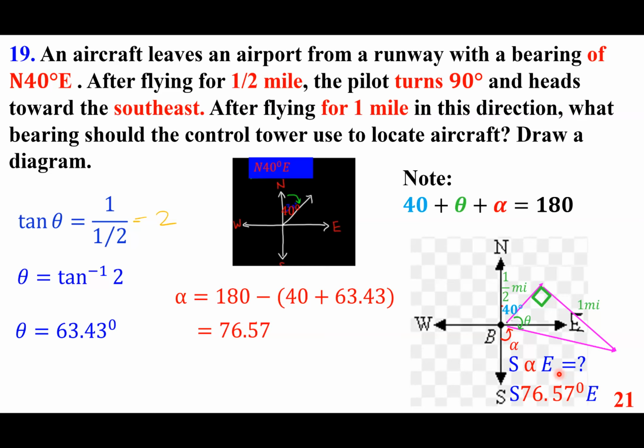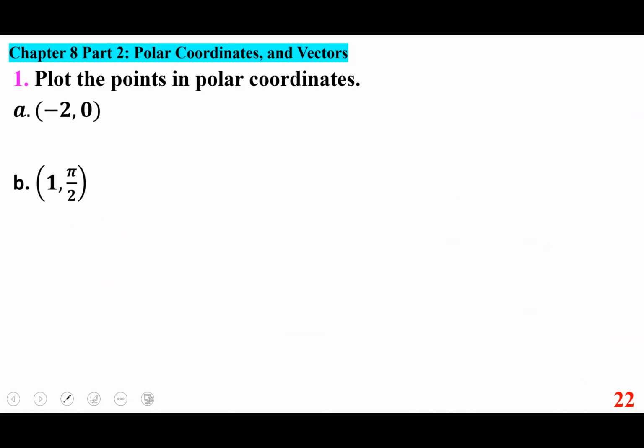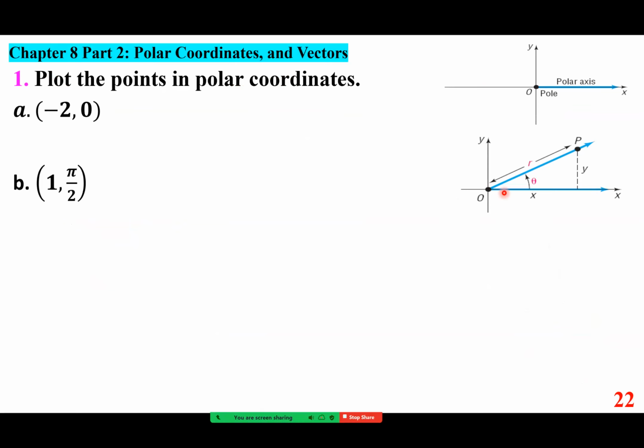Again, class, questions that you come across here that are basically word problems are impossible to solve without a setting. We want to plot the points, and let's remind everybody of a rectangular coordinate system versus a polar coordinate system.